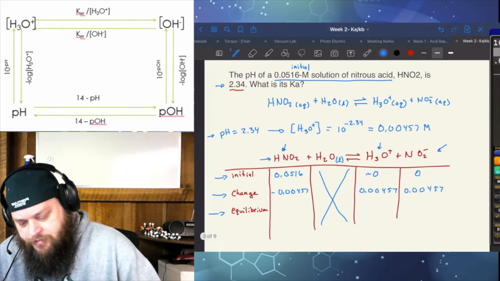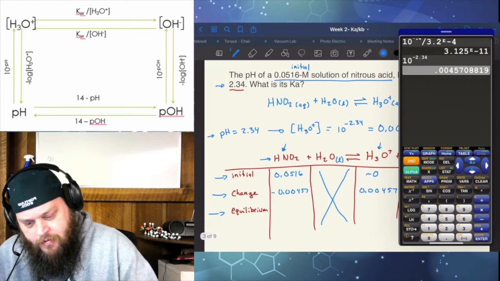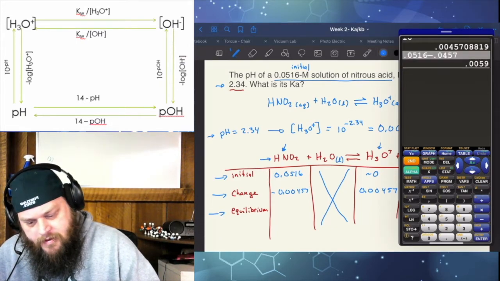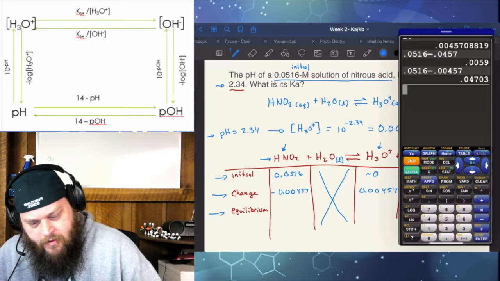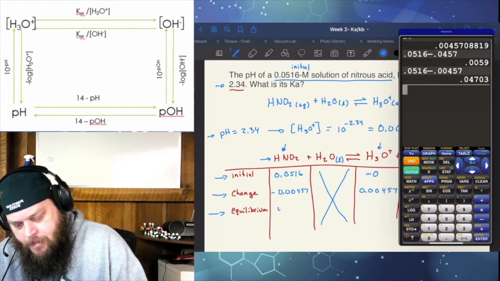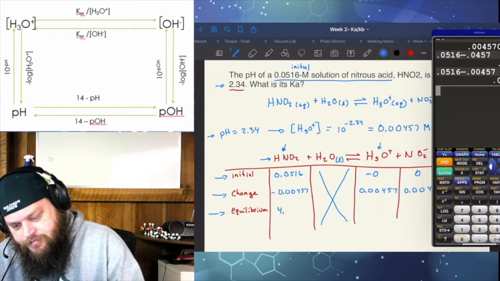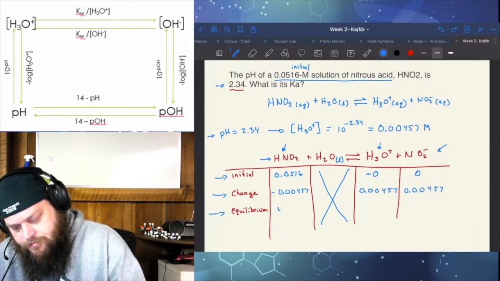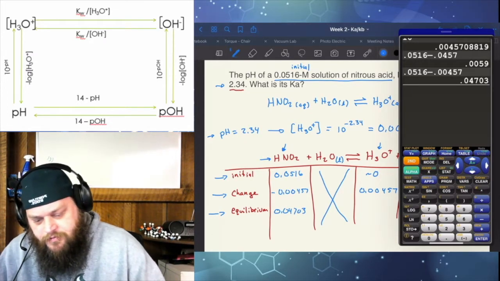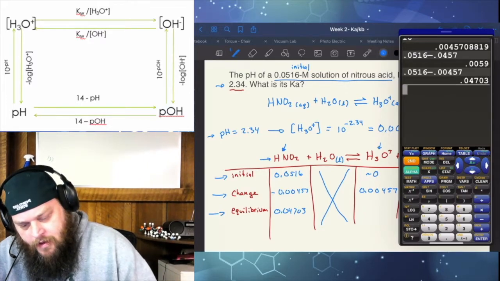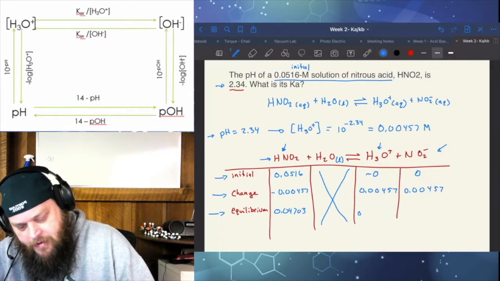All right, let's go back to this equation. Insert an extra 0 in there. There we are. 0.04703. And then these two, since they just went up, they would just be this value.